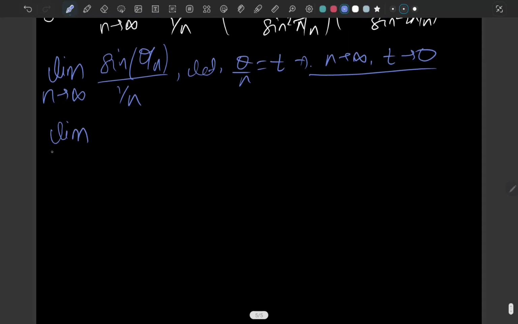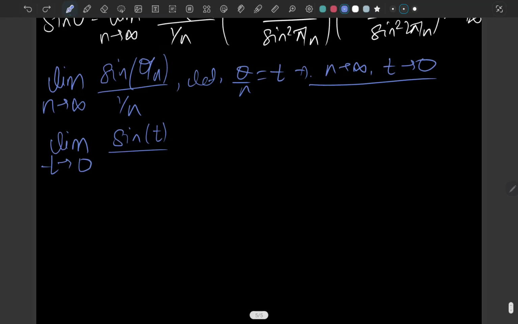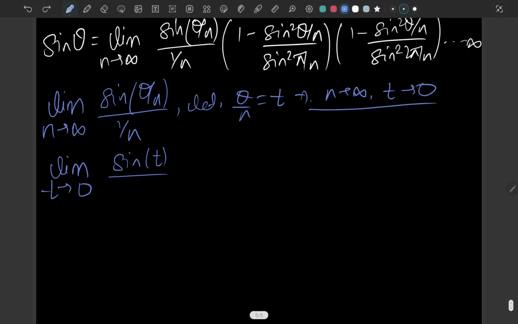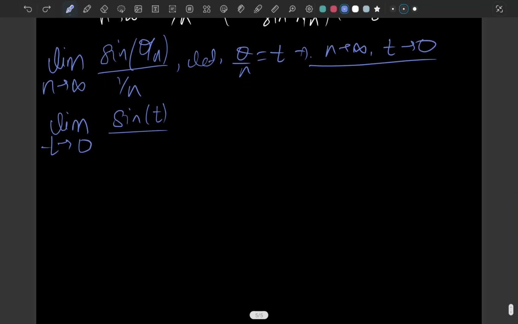So this limit becomes the limit as t tends to 0 of sine of t over, well, we have 1 over n, so it's t over theta.